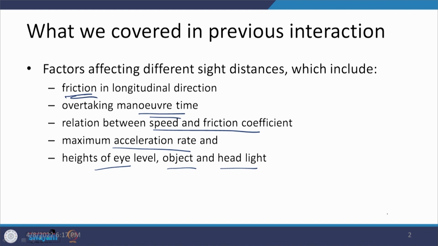With these factors in mind, as I said, some of these factors will affect a particular type of side distance and some others are going to affect another type of side distance.